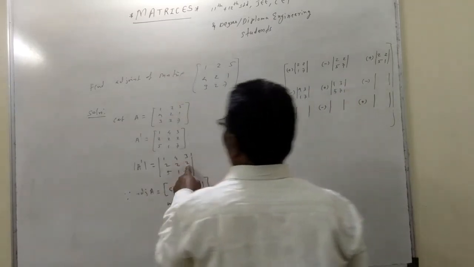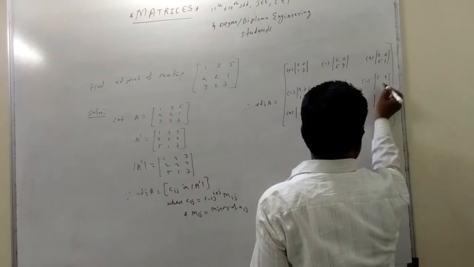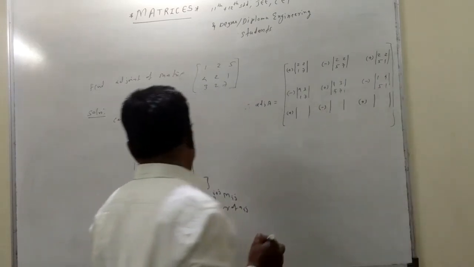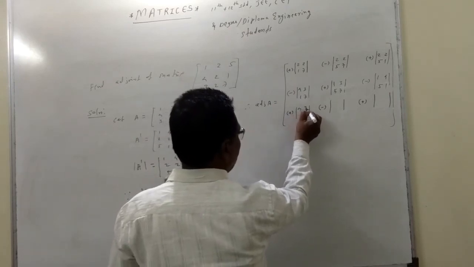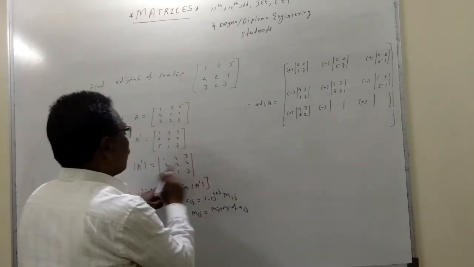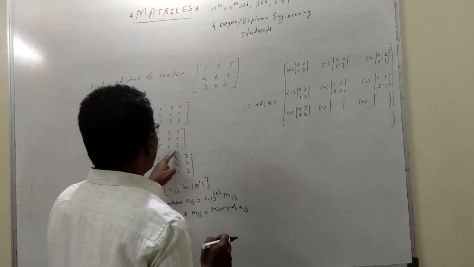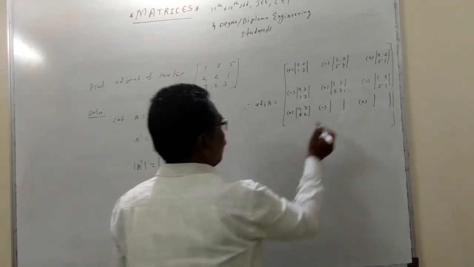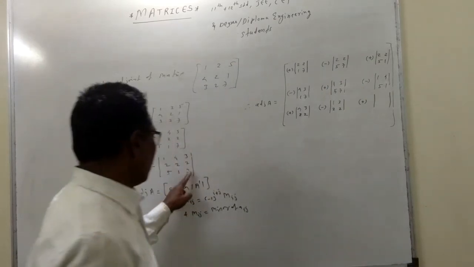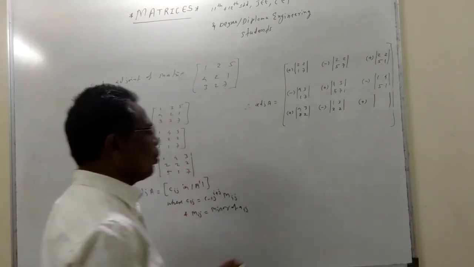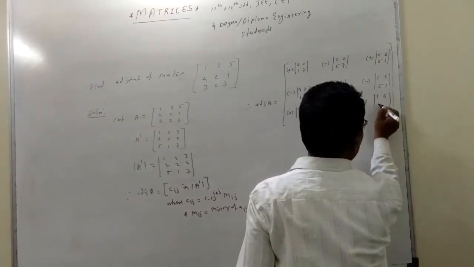Now for this 2, it is 1, 4, 5, 1. Now for the 5 element, the minor is 4, 3, 2, 2. So this is your concept of row and column. Now for 1, consider 1, 3, 2, 2. And for the 7, removing this column and row, we get 1, 4, 2, 2.